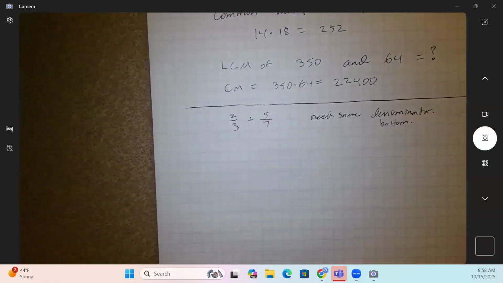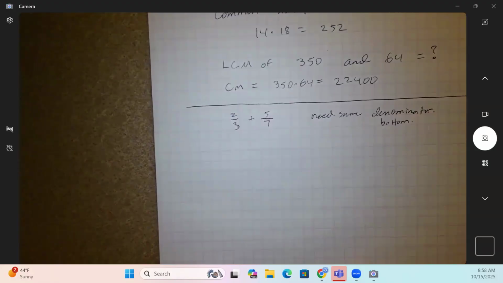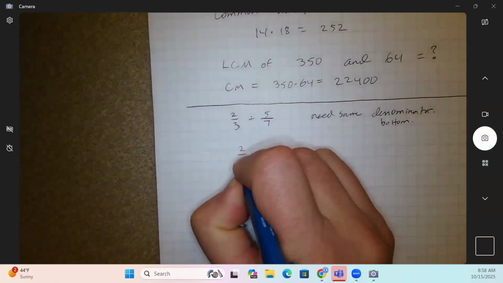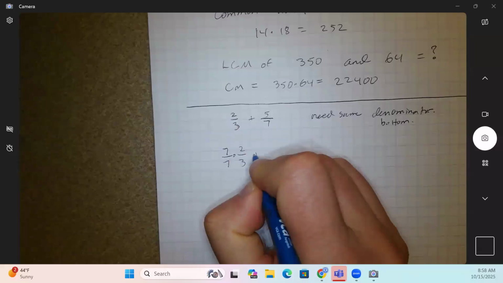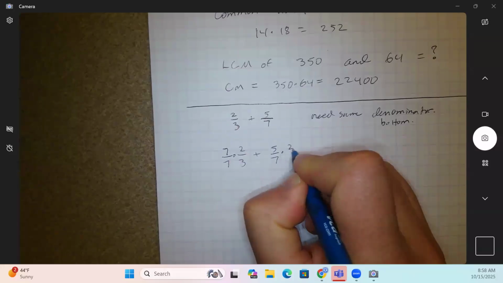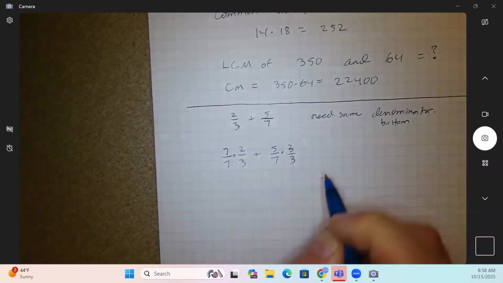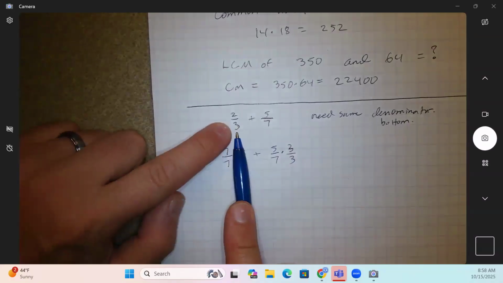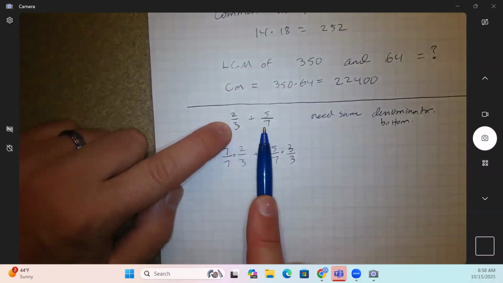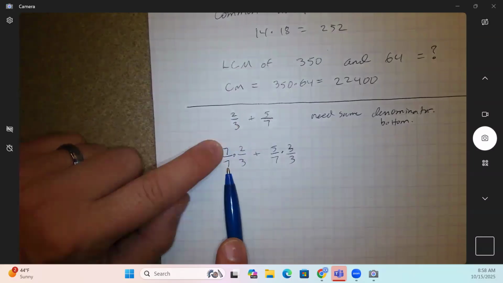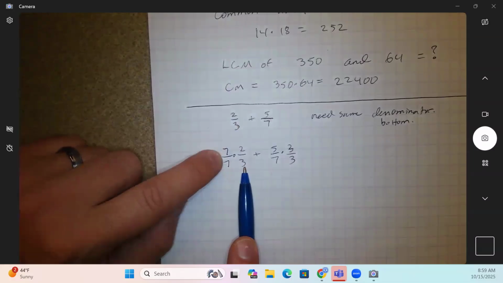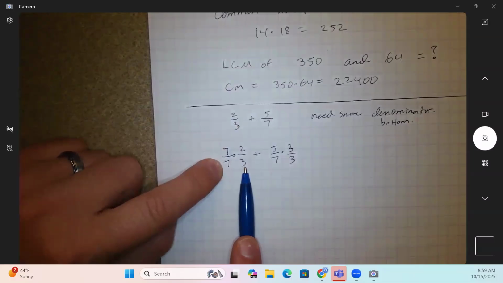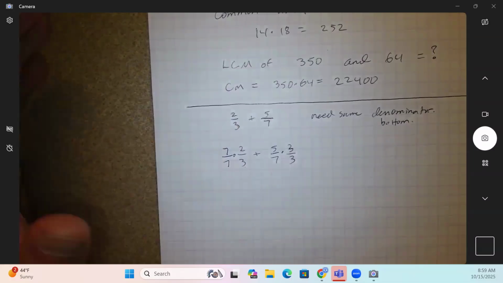And there's a really easy way to make sure they have the same bottom numbers, and that's just to multiply by whatever is missing. There's a 3 on the left side, it's missing the 7. So I multiply it by 7/7. What is 7 divided by 7? It's 1, so I haven't changed anything.